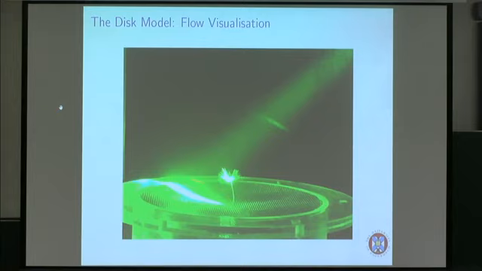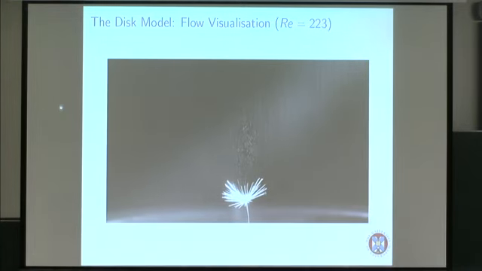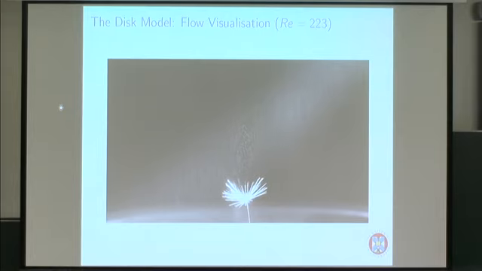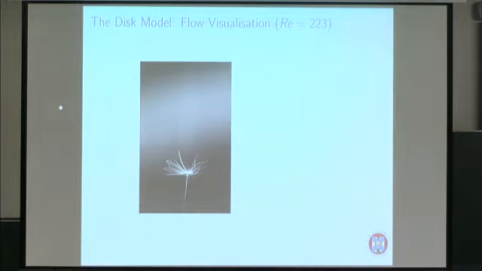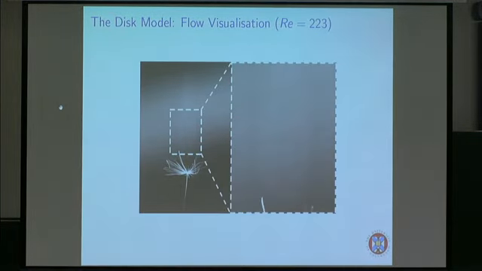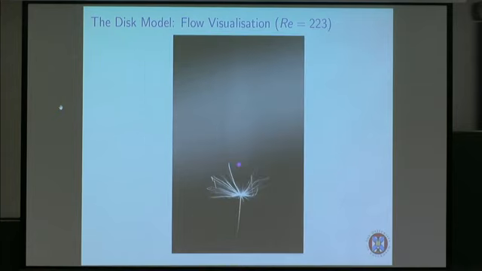And what we found was that evidently above the dandelion there was this toroidal vortex separated some distance from the pappus. And if you take a long exposure photograph of that, you get this toroidal vortex here.